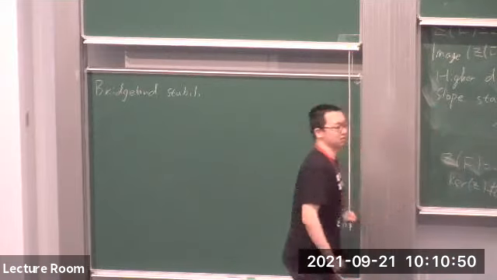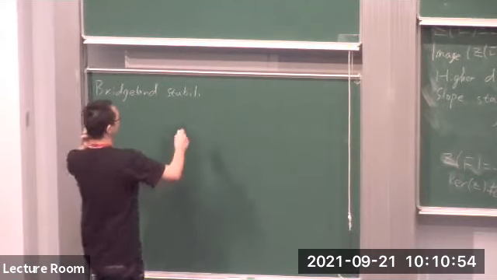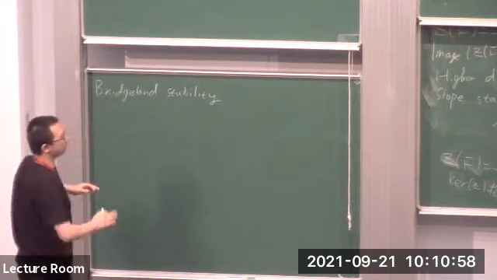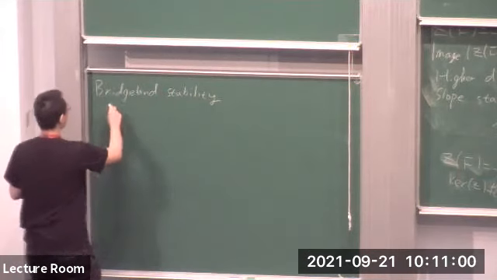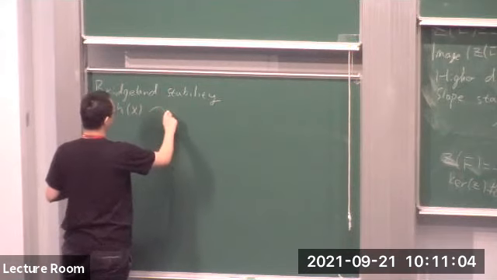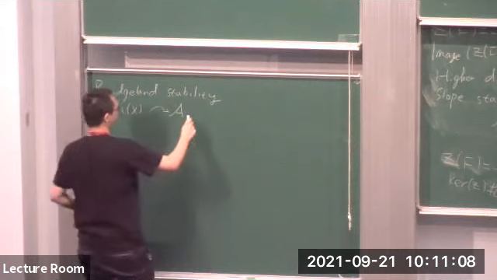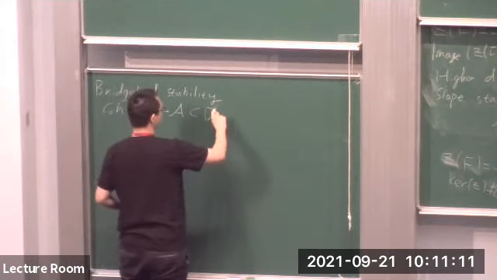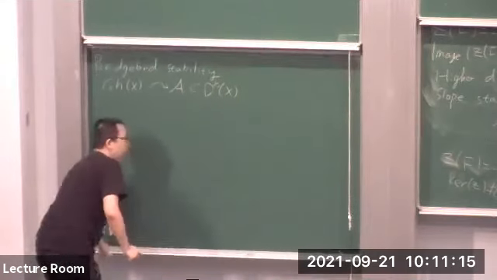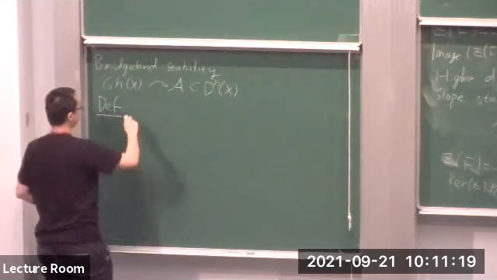So let's do Bridgeland stability. The idea of Bridgeland stability is that we jump outside of the abelian category of coherent sheaves of X, and move to another abelian category A, which is a heart of a bounded t-structure inside the derived category of X. So I need to quickly give a definition of a heart of a bounded t-structure.